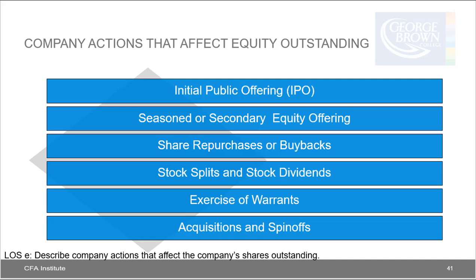Your proportionate share of the company has gone down. And in some cases, some of these company actions do not result in dilution or your proportional ownership in the company being affected. Okay, a stock split would be an example, as we're going to see later on. That doesn't affect your proportionate ownership. Okay, it just affects the number of shares that you own.